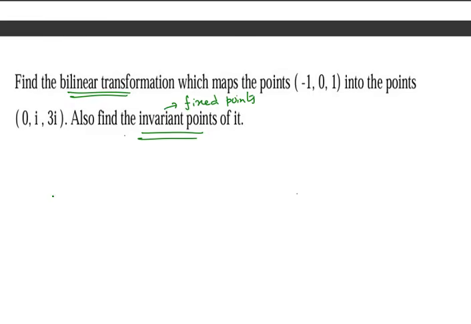How can we solve this? First step, I know that a bilinear transformation preserves the cross ratio, correct?